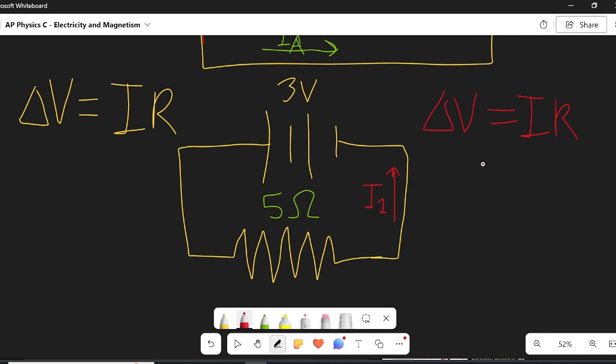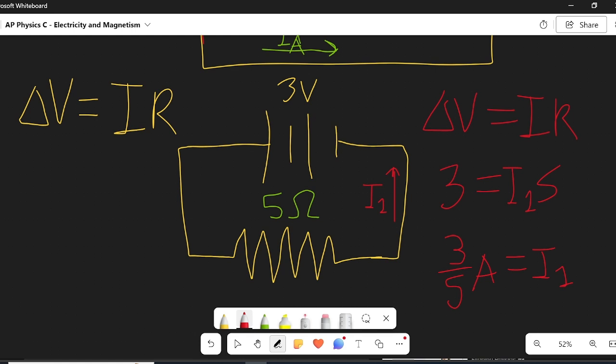So we can plug this in: 3 equals I1 multiplied by 5. Solving for I1, we get that the current is going to be 3/5 amps. So this is how we treat resistors in series.